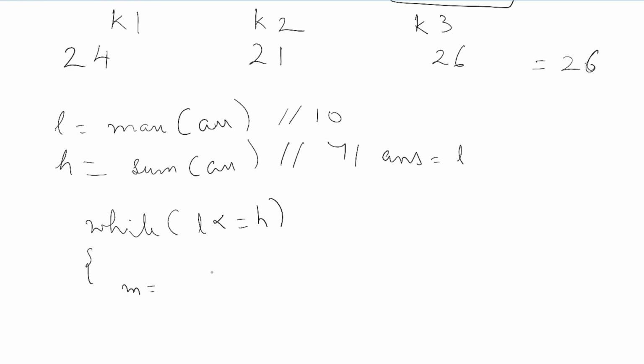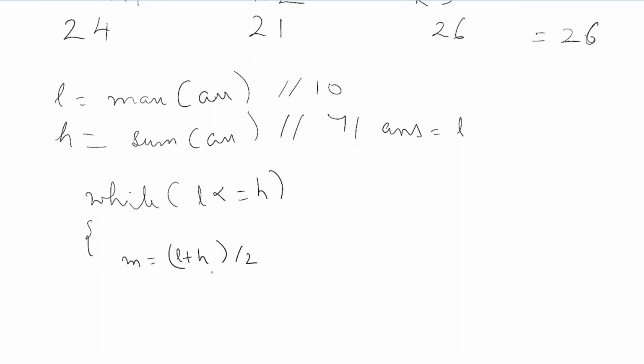So M is equal to (L plus H) divided by 2. Now we need to check whether all the tasks can be completed by the k number of workers in this time, in M time. So we will define another function, check. We will check if this time is enough to complete all the tasks: M, arr, and k number of workers.